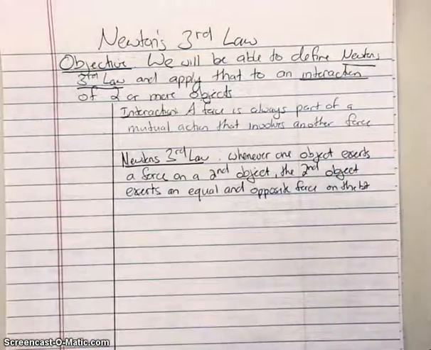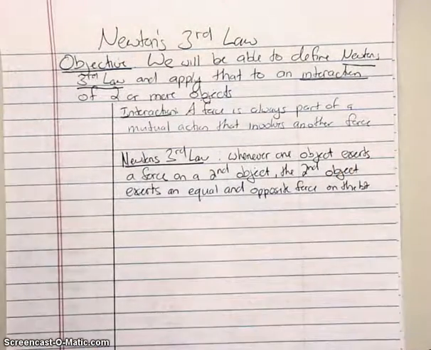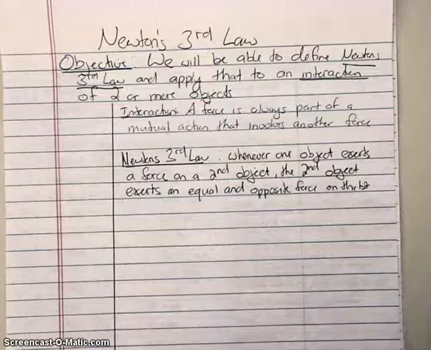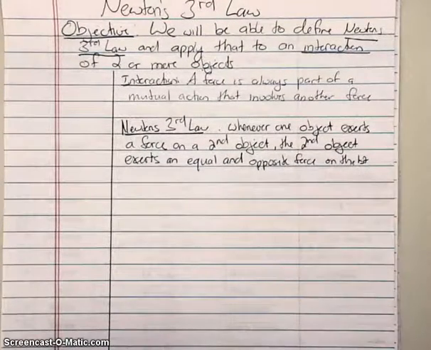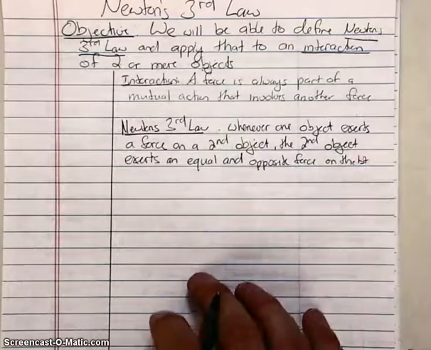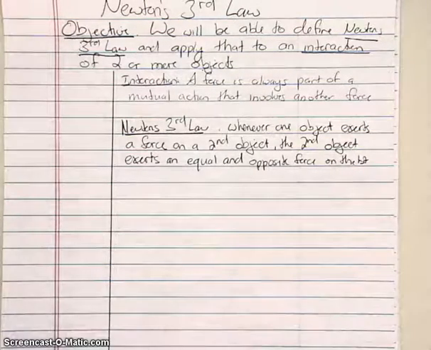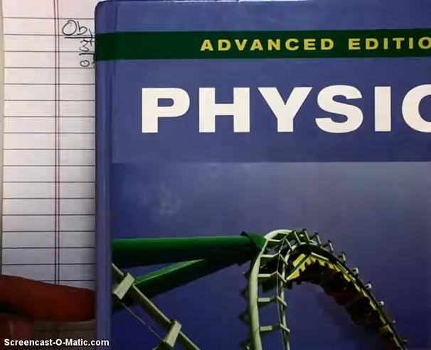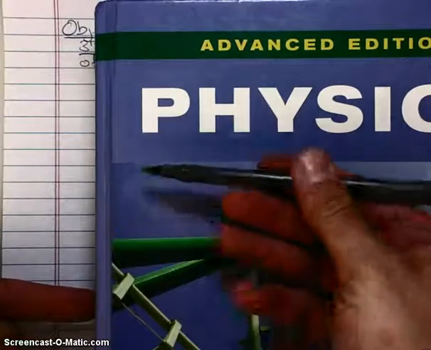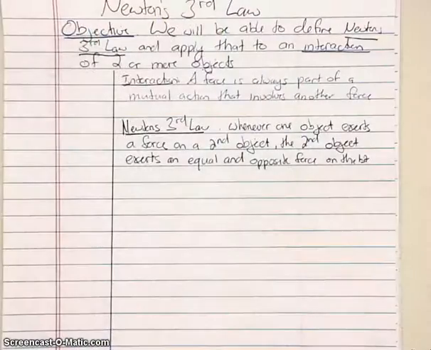You may have heard this summarized as for every action there is an equal and opposite reaction, and that is Newton's third law. That's why I said with my book, if I push with 2 newtons this way, it's going to be equal and opposite the other way. So that was the book demo.